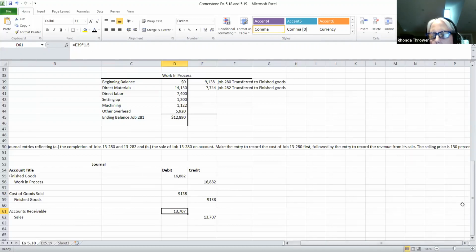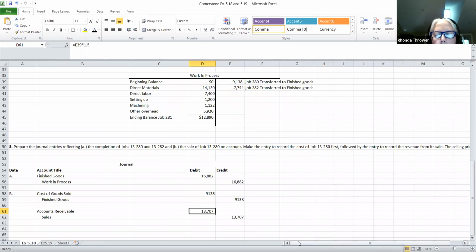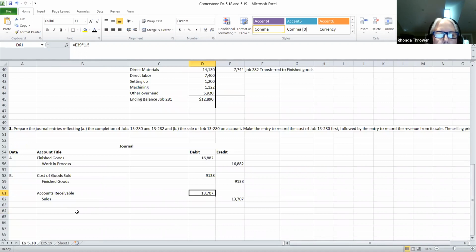And they told you that right here at the end of this problem, the selling price is 150% of cost. So if the selling price is 150% of cost, I just took the cost and multiplied it by 150%, and that's how I got 13,707 that would be debited to accounts receivable and credited to sales. And that's all we had to do in this first exercise.